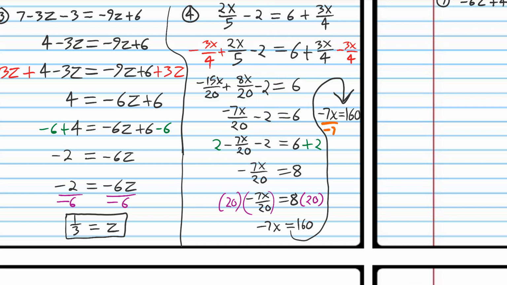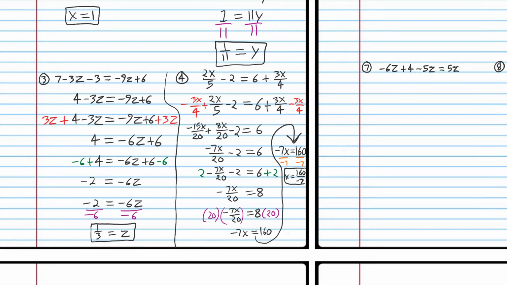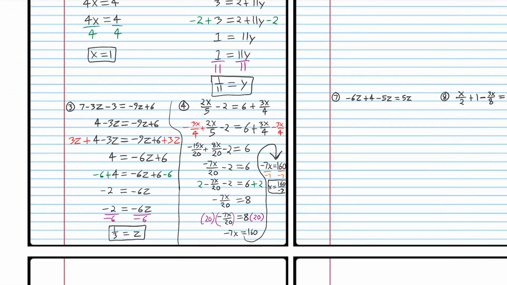Negative 7, divide both sides by negative 7. And x equals 160 over negative 7, and we're really pressed for room there, so I'm writing the negative in the denominator.